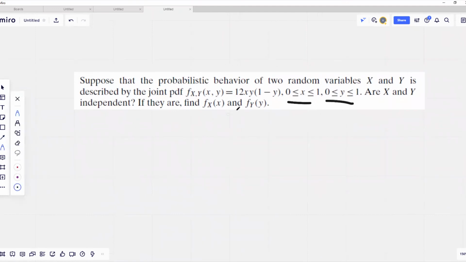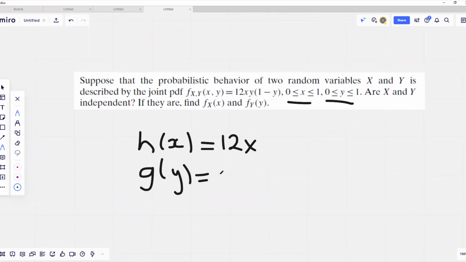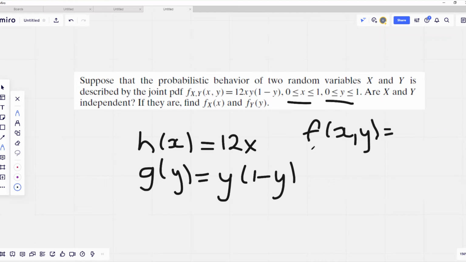Now, let's pay attention to our joint PDF here. We can see that it can be represented in the following form: h of x is equal to 12x and g of y is equal to y(1 minus y). So we can easily split up the x's and y's, and f of x,y can be represented in this form here.